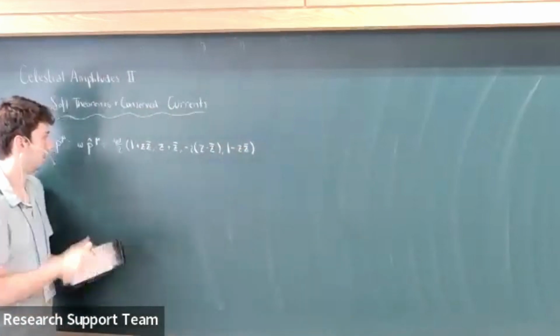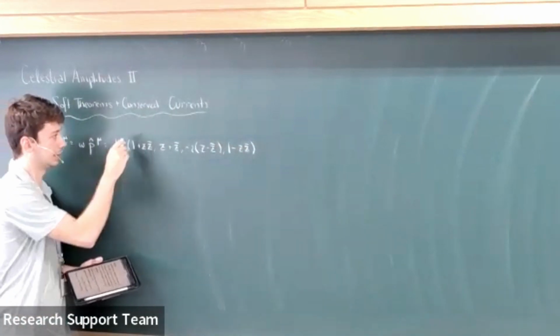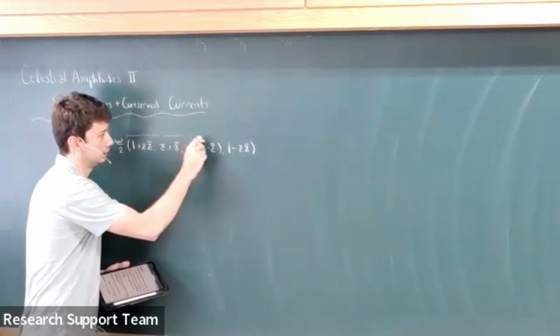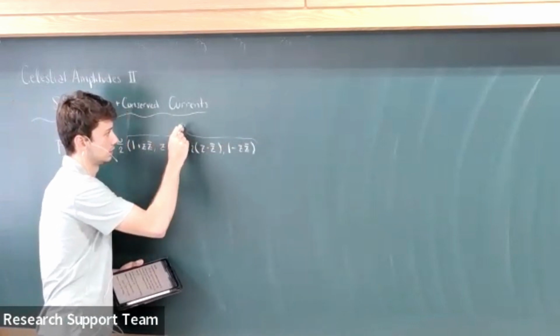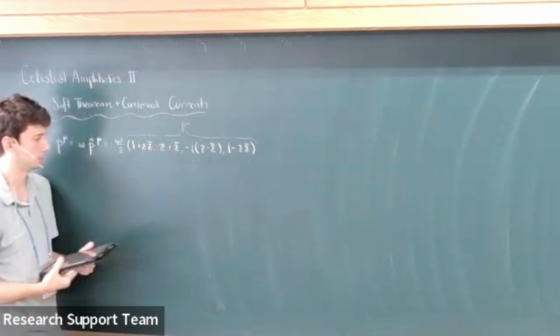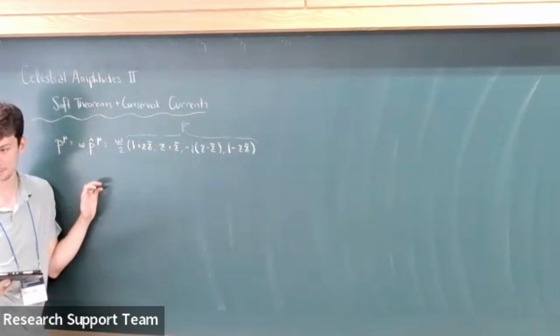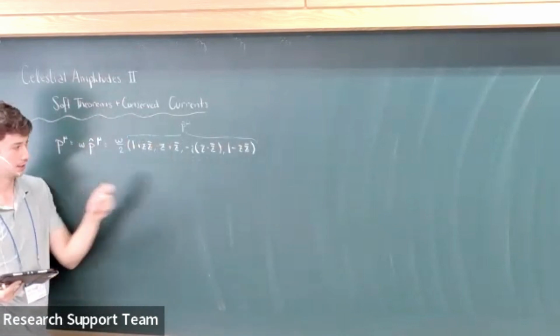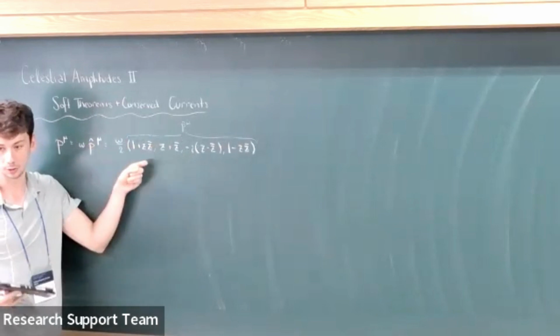Okay. And p hat mu, which we'll see later today, is just some ease of notation. It's to summarize this four-component vector here.